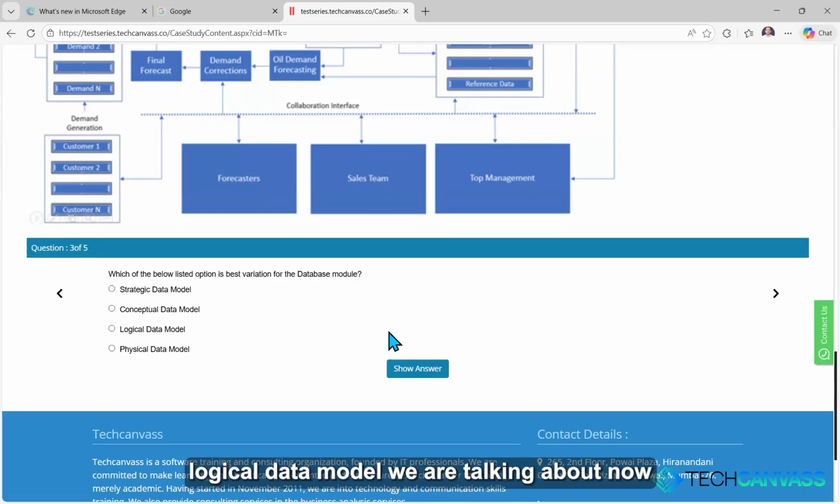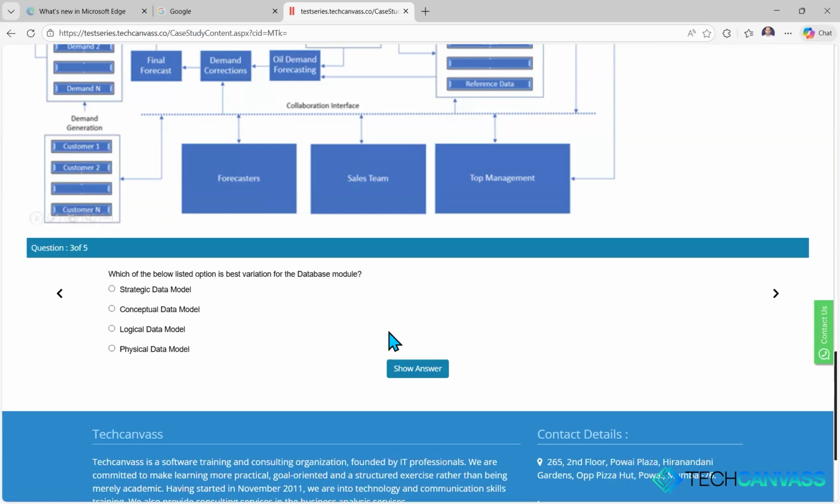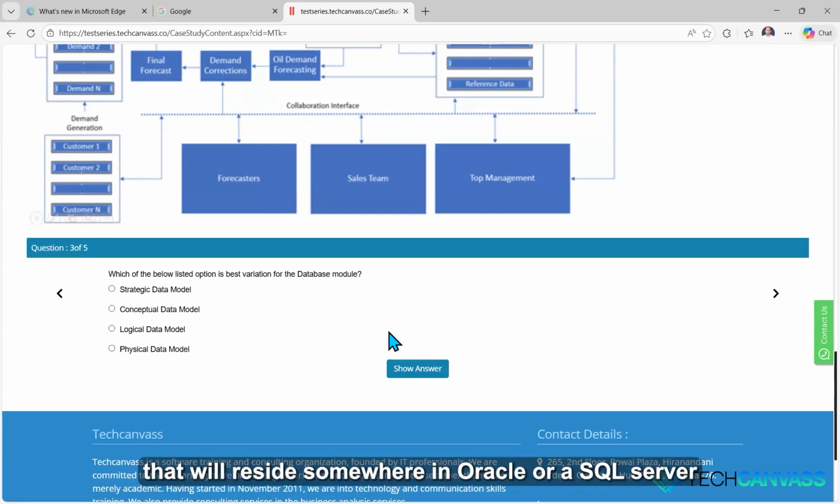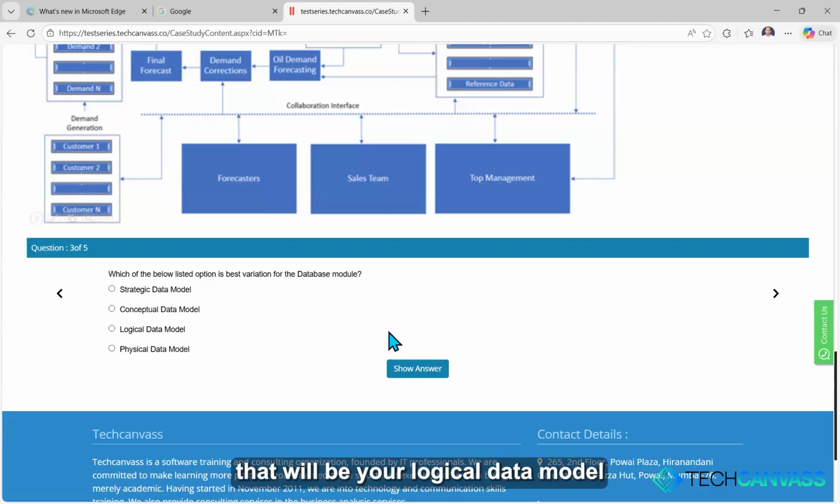In the logical data model, we are further progressing to make it a database table that will reside somewhere in Oracle or SQL Server. That will be your logical data model.